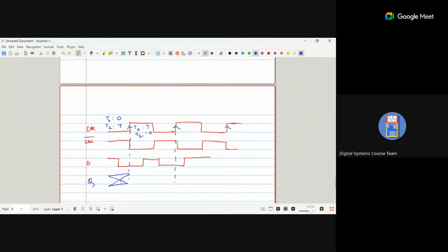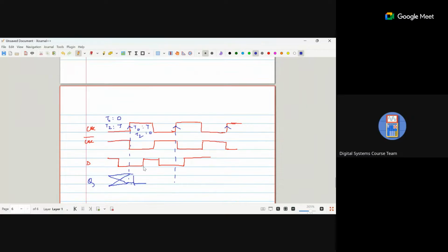It is a don't care condition, and then you will get whatever is in D. So after some sort of delay, you will get what is in D here, that is this one, right? So you will get this particular thing.